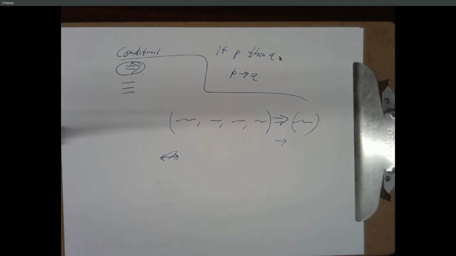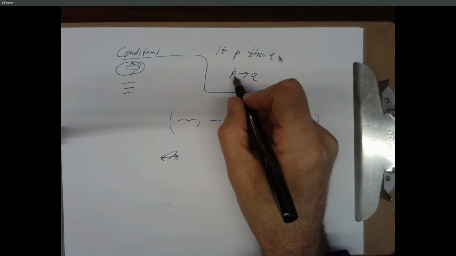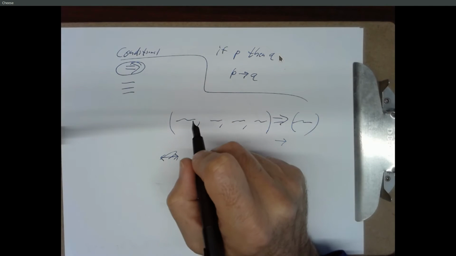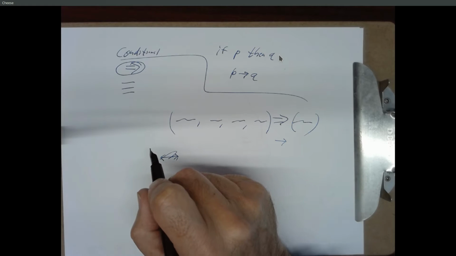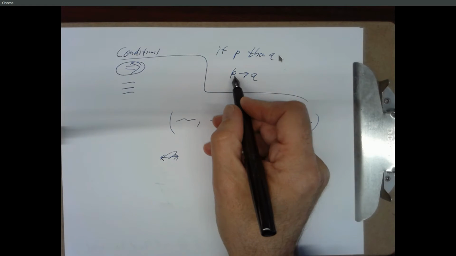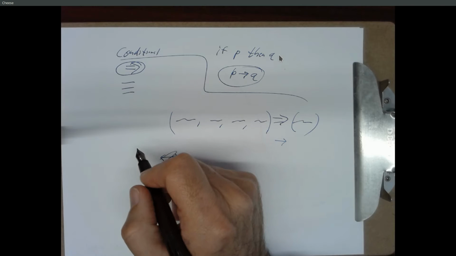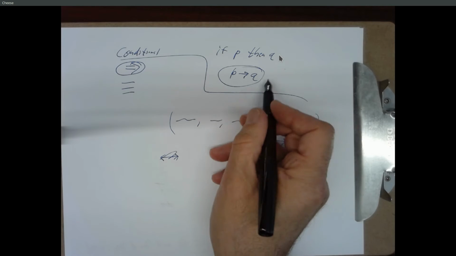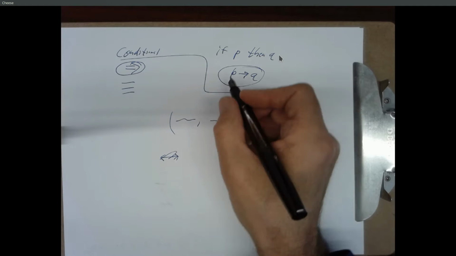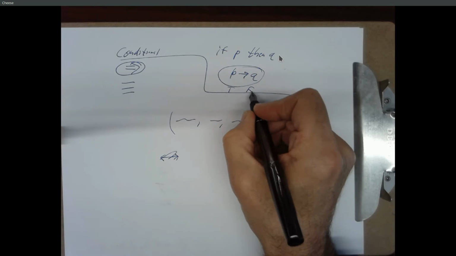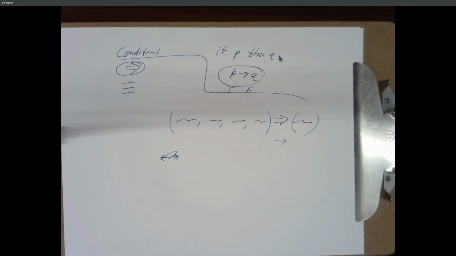And the conditional is only saying if P is true, then Q has to be true. So if P is false, this is automatically true. If Q is true, this is automatically true. The only time it fails is if P is true and Q turns out to not be true. Then the conditional is false.